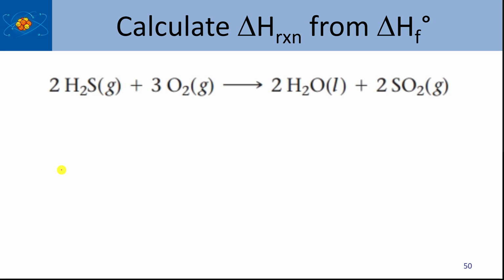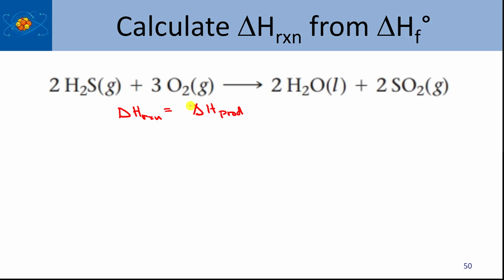So this next skill is one of the more important ones. It's being able to calculate the enthalpy of a reaction when not everything is in its reference form. And the formula for it, just a basic idea anyways, is that the delta H of the reaction is equal to the delta H's of the products.